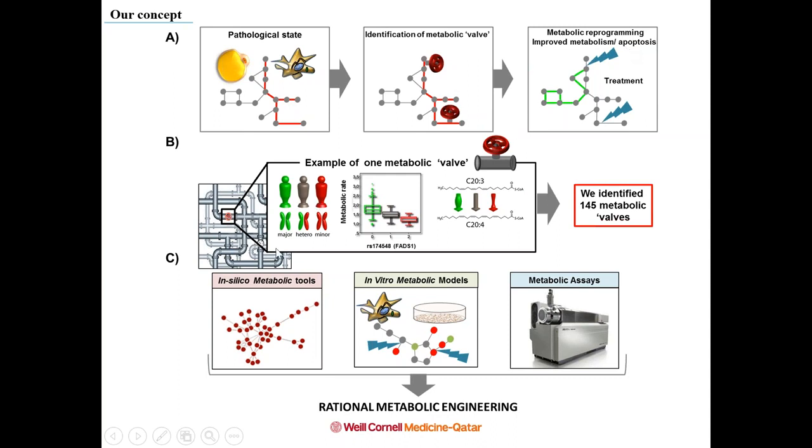And then what we presently do is we try to develop in silico systems biology models to mine the network, and then work with in vitro models. At the moment it's cell culture from cancer cells, where we can test the drugs and use metabolic assays to look at the outcome. I won't get deeper into this, but I think there's huge potential here to look for new drug targets and use GWAS results to modify metabolism in complex disorders, and of course also in cancer.